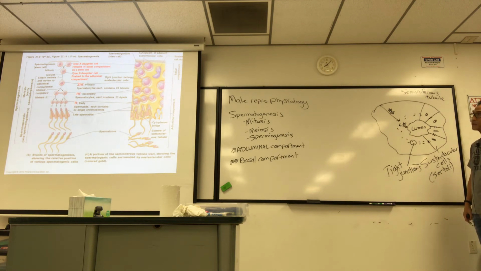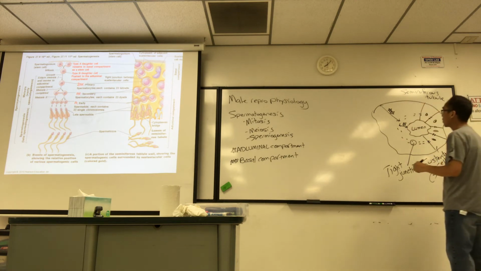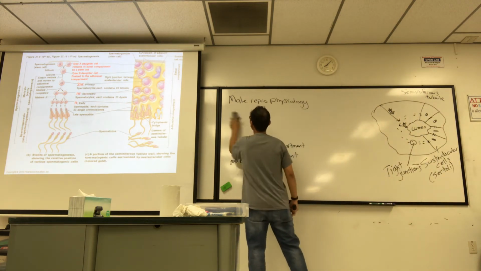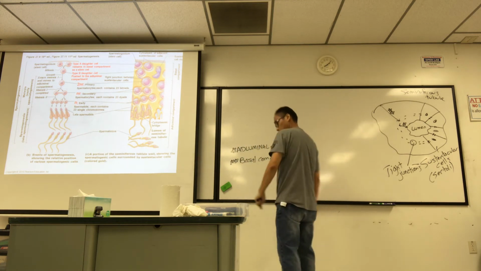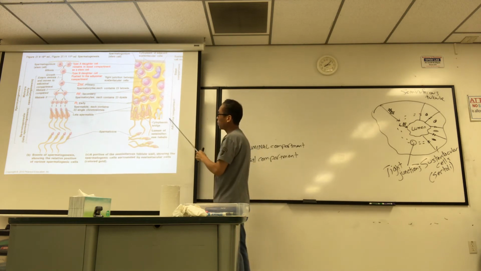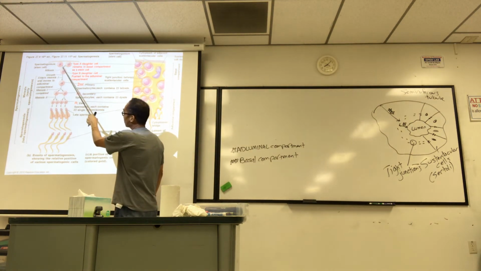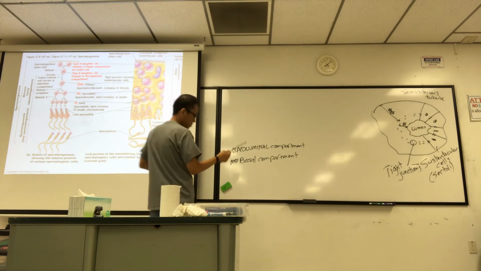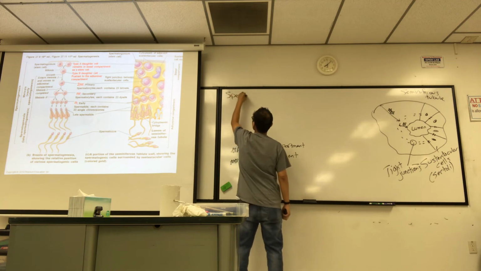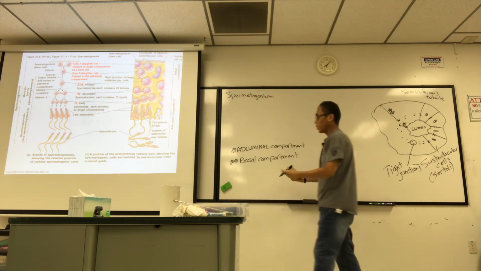In the basal compartment, you have this cell type. Let's go to the top of that figure there. Basal compartment out here, adluminal compartment here. This cell here is called a spermatogonium. It's undergoing mitosis. This is a cell that will become sperm.